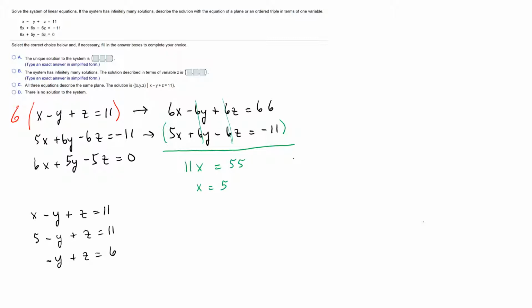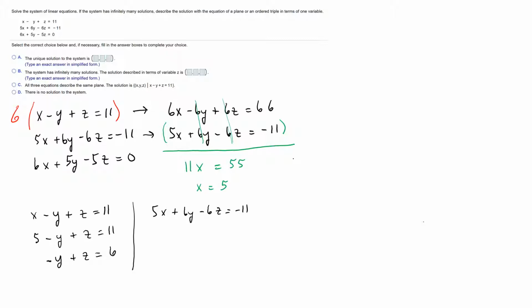Now what we're going to do is take 5 and plug it into another equation to get another equation with y and z in it. It doesn't matter if I use the second or the third equation. I guess I'll use the second equation. So the second equation is 5x plus 6y minus 6z equals negative 11.